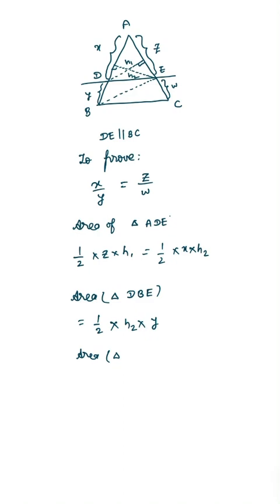Similarly, area of triangle DEC can be written as half into H1. H1 is acting as perpendicular for this triangle DEC and EC will be base. So we can say the area as half into H1 into w.